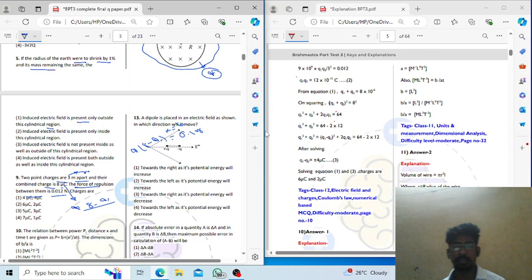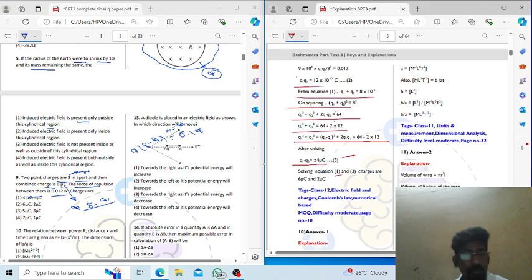So if one is 6, another one will be equal to 2. Right? That is the answer. If one becomes 2, another will become 6.